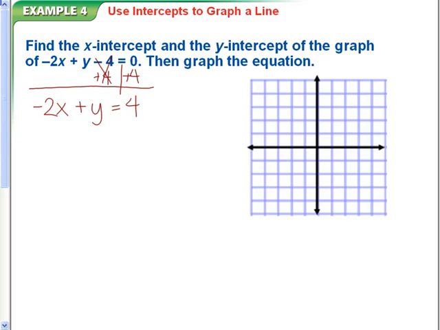And now this one is not in standard form because the a is negative. So to undo that, we could either multiply both sides by -1 or divide both sides by -1. Either way, the result is all of the signs become the opposite. So it would be positive 2x minus y equals -4.